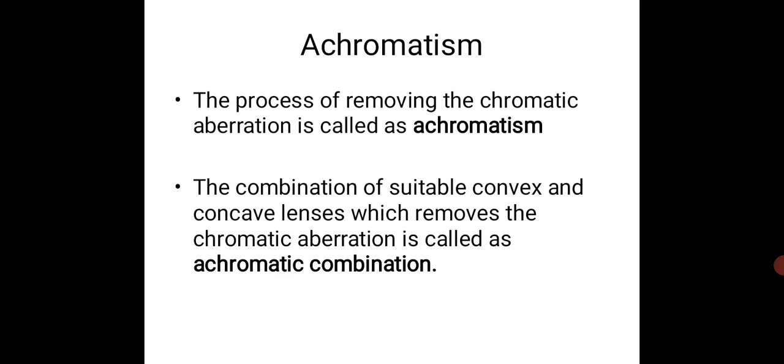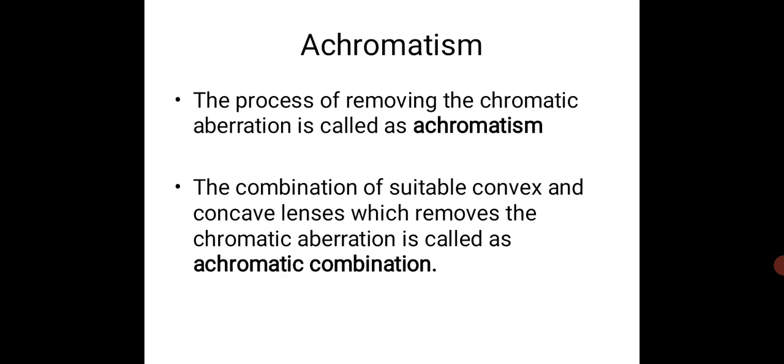On the other hand, if the beam of white light is incident on a concave lens, red color is rendered less divergent than the violet color. So, by the combination of suitable convex and concave lenses, red and violet colors can be brought to a focus at a single point on the principal axis. Thus, the chromatic aberration can be rectified.